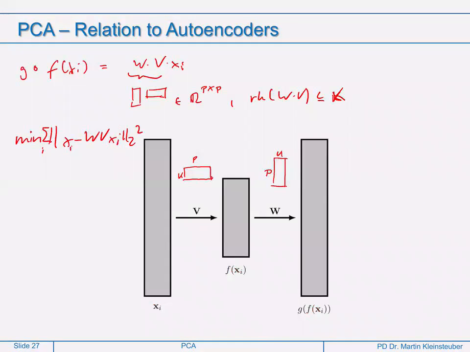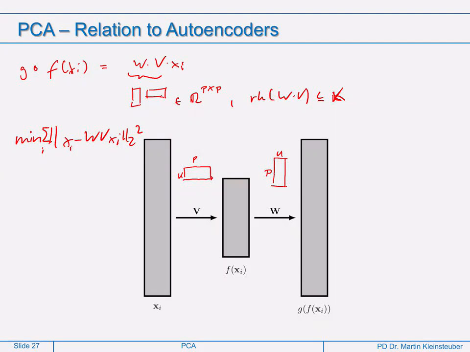So if we look at this autoencoder image, with this V and W, we have reduced the dimension, and the encoding step reduces the dimension of the input variable to this code of the variable. And these codes are the principal components here. And we can reconstruct the signal also very easily.